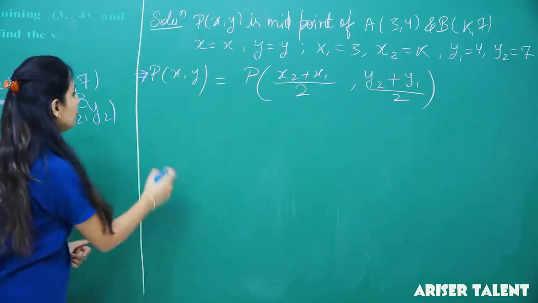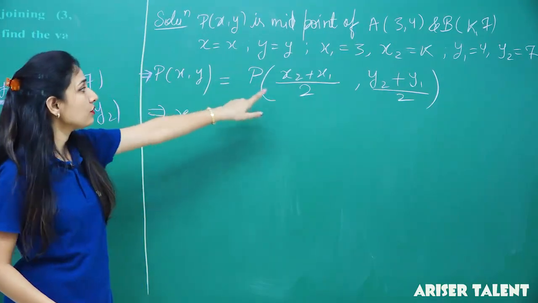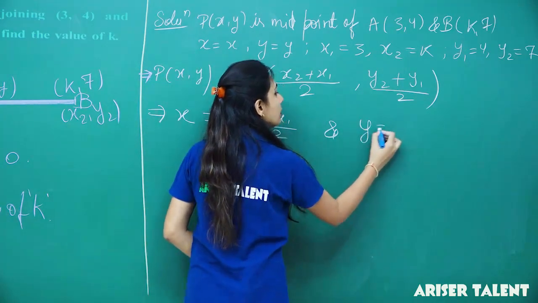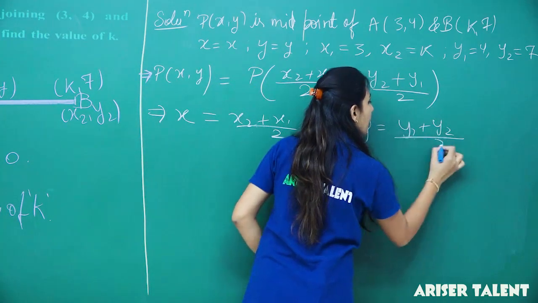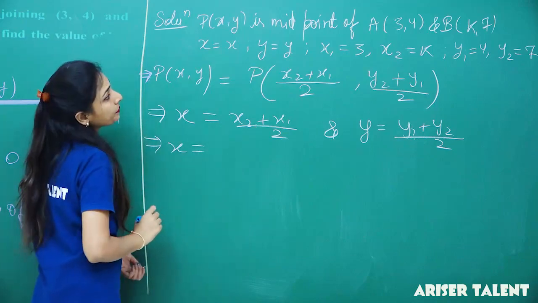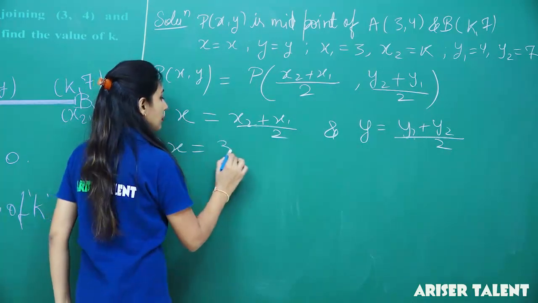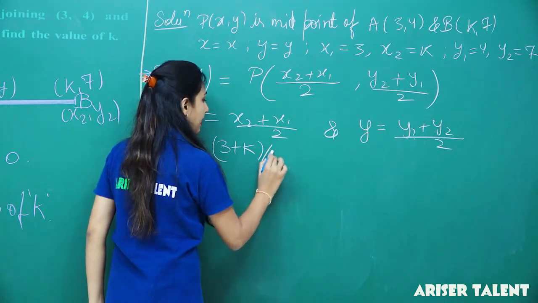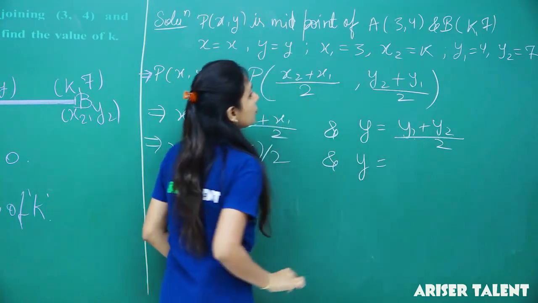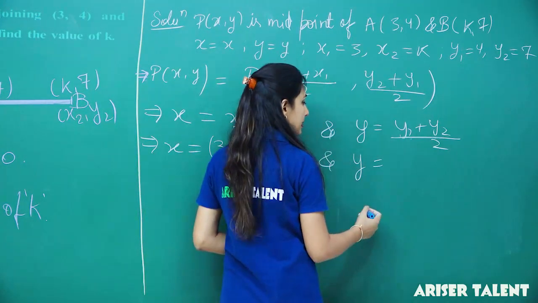By this, x equals (x2 + x1) by 2 and y equals (y1 + y2) by 2. I am putting the values here, right, students? X equals 3 plus k by 2, and y equals what, student? Y equals 7 plus 4, so 7 plus 4 is basically 11 by 2.